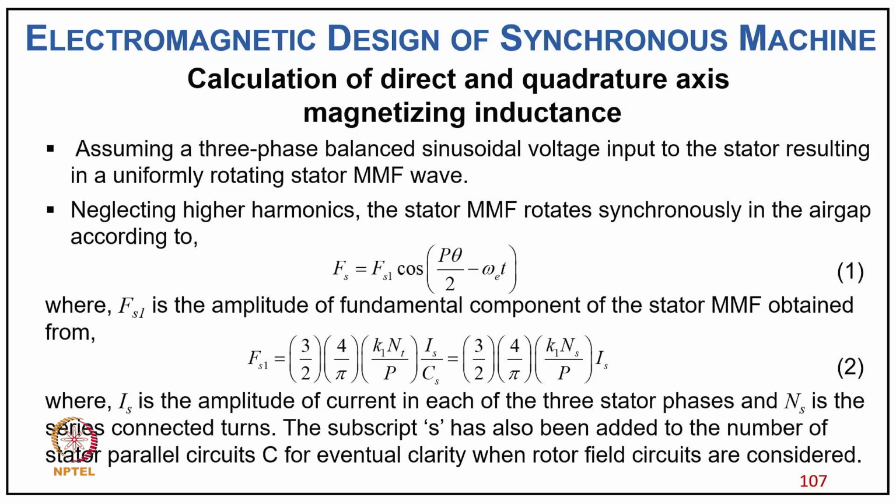So that is Fs equal to Fs1 cos of p theta by 2 minus omega e t, where Fs1 is the amplitude of the fundamental component of stator MMF, obtained from Fs1 equal to 3 by 2 times 4 by pi times Kw1 T1 Nt by P times Is upon Cs, or equal to 3 by 2 times 4 by pi times Kw1 Ns upon P into Is, where Is is the amplitude of current in each of the three stator phases, and Ns is the series connected turns, and the subscript s is added to Cs, the number of stator parallel circuits, for eventual clarity when the rotor field circuits are considered.